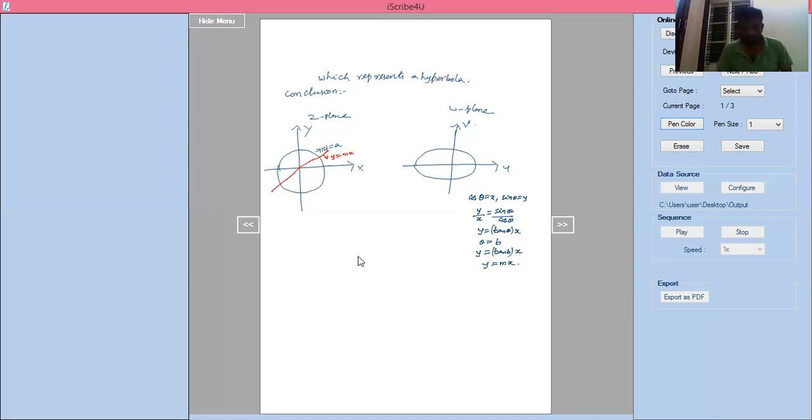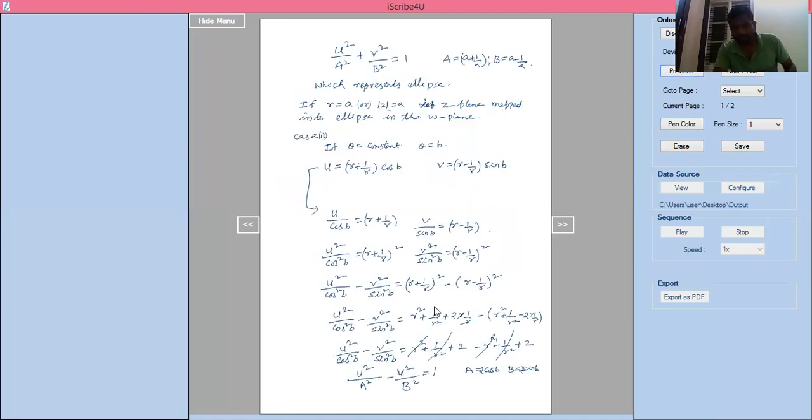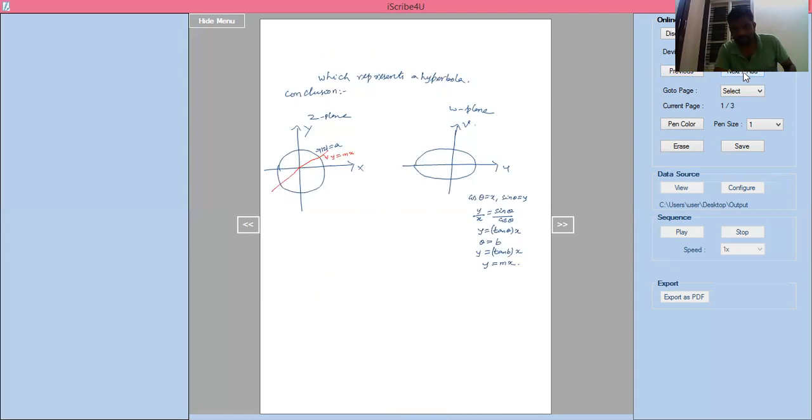In the w plane, what will happen? Theta equal to b represents u square by a square, v square by b square, where a is 2 cos b and b is 2 sin b. It represents a hyperbola, which should be open to this side.